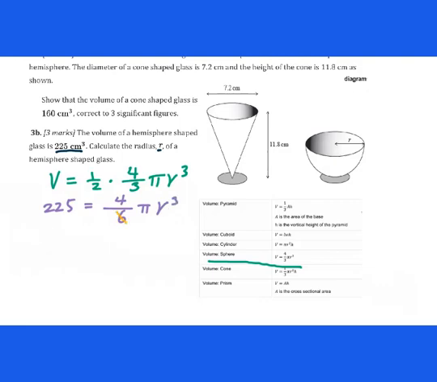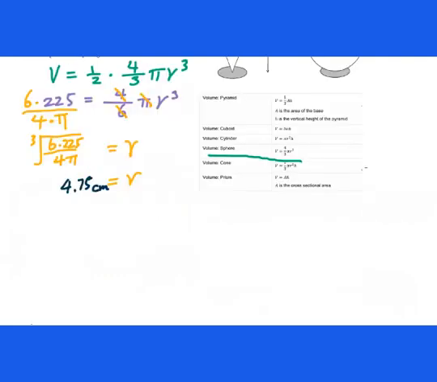We want to get rid of this 6 by multiplying by 6, get rid of this 4 by dividing by 4, and get rid of this pi by dividing by pi. Therefore, r equals the cubic root of 6 times 225 over 4 pi. r equals 4.75 centimeters.